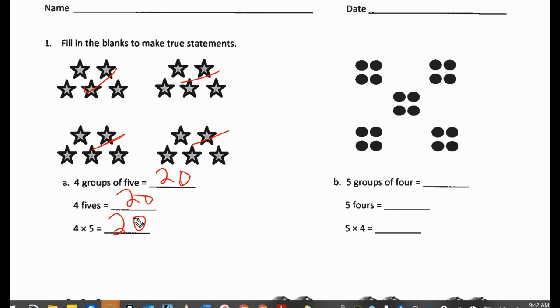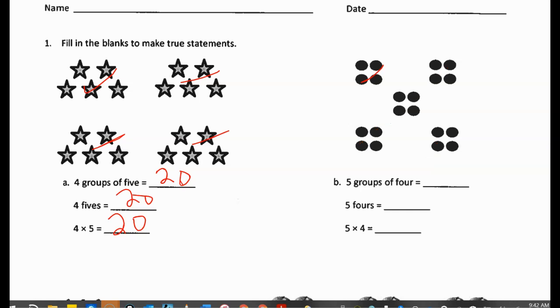Here I have 5 groups of 4, 5 fours, or 5 times 4. Can I count by 5s on this one? No, I can't. I can go 4, 8, 12, 16, 20. Count by 4s.